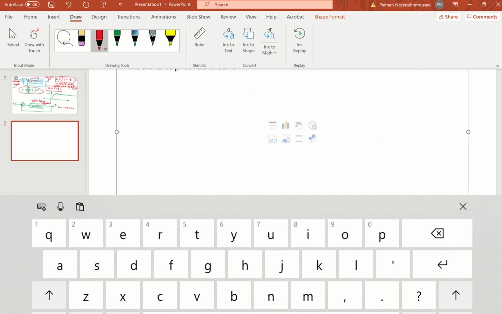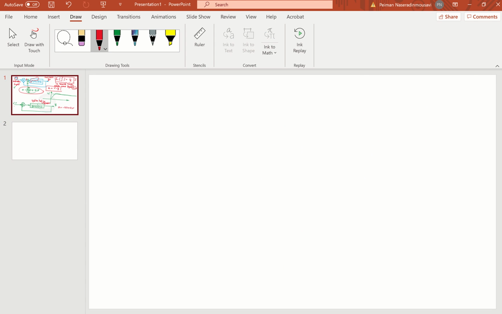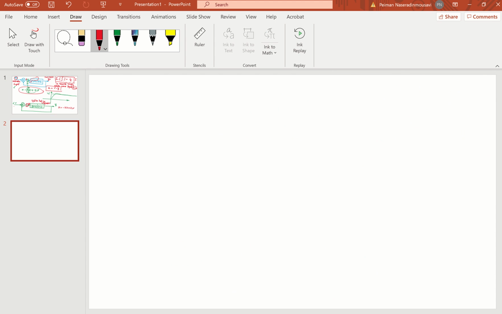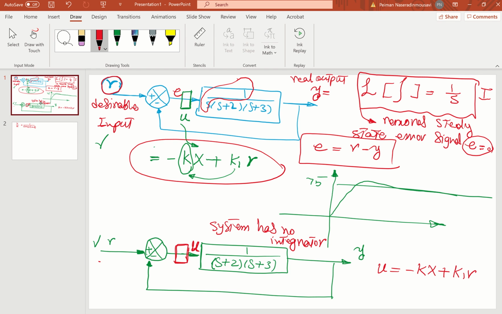This is y, and this is u, which comes from the controller. So y over u is 1 over s plus 2, s plus 3. Again, we remove the integrator, and now this is an example.